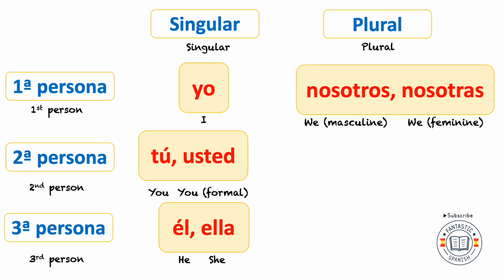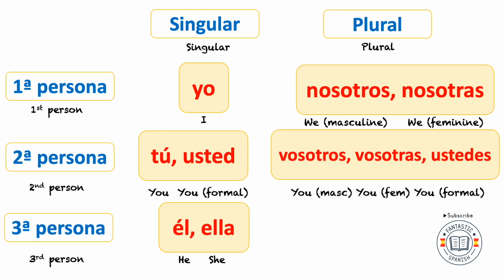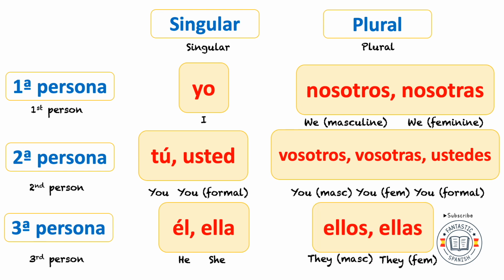Primera persona, first person, nosotros, we masculine, nosotras, we feminine. Segunda persona, vosotros, you masculine, vosotras, you feminine, ustedes, you formal. Y tercera persona, third person, ellos, they masculine, ellas, they feminine.